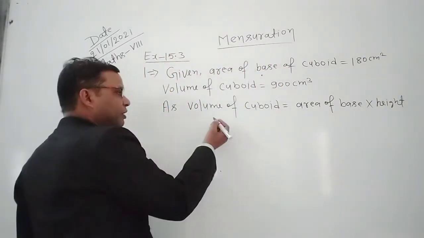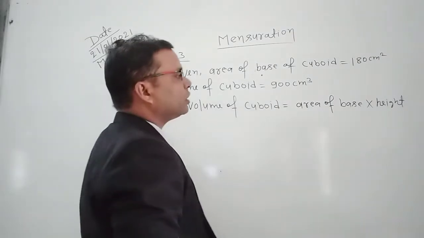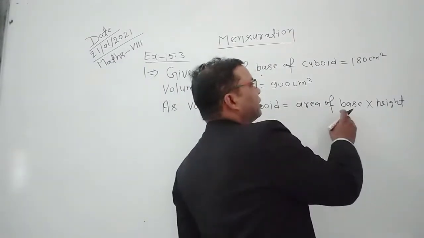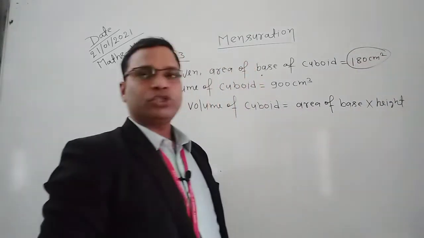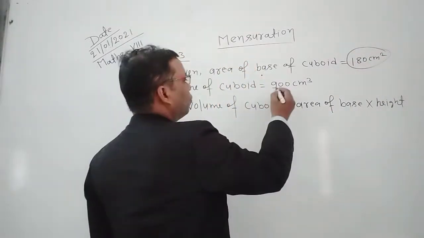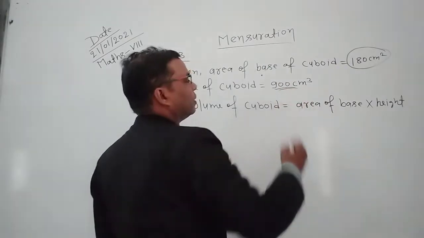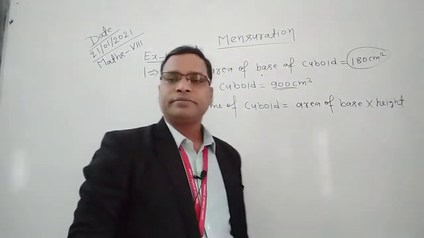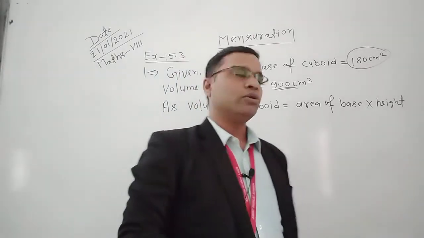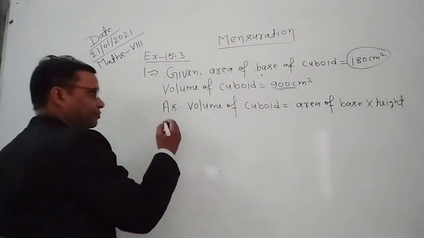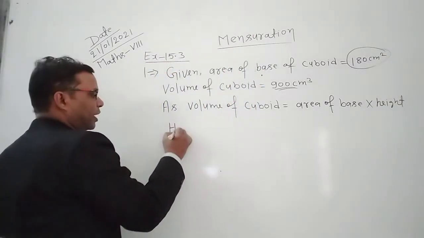So volume is given here, but in this question the area of base is given here, 180 centimeter square, and the volume of cuboid is also given here, 900 centimeter cube. We need to find the height of the cuboid. So you can write here height of cuboid.